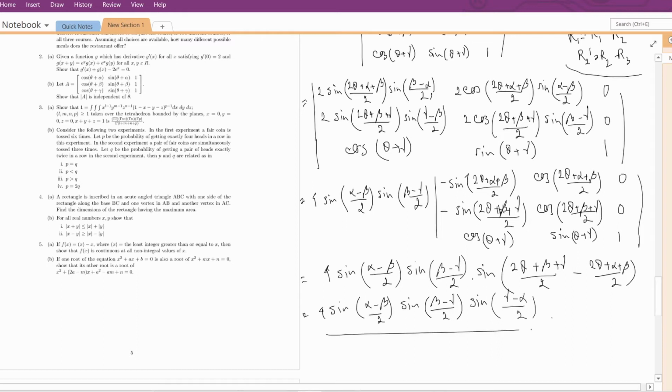So this is the final expression and it is independent of theta, which we had to prove.